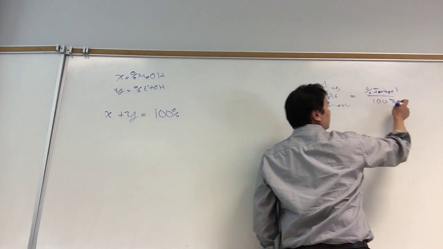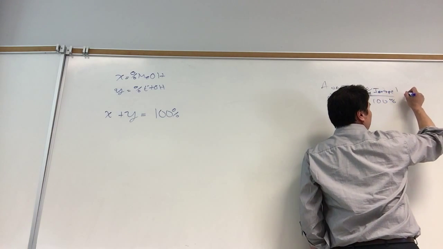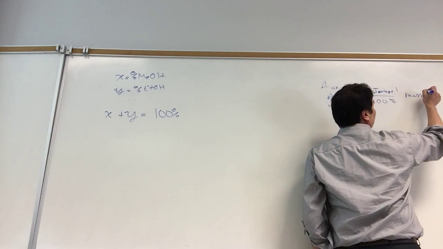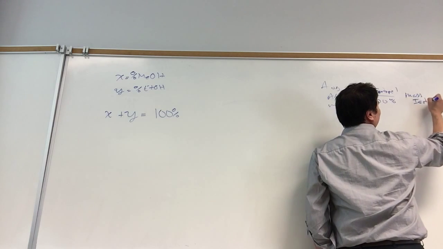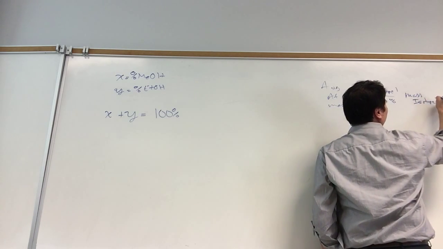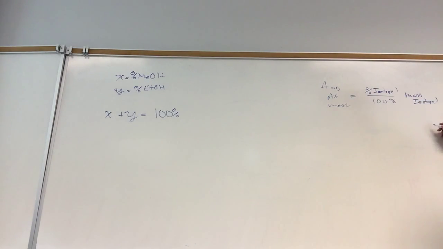The percents cancel. Times the mass of isotope 1, plus the percent isotope 2 over 100% converted into a fraction times the mass of isotope 2, etc. Does this look familiar?